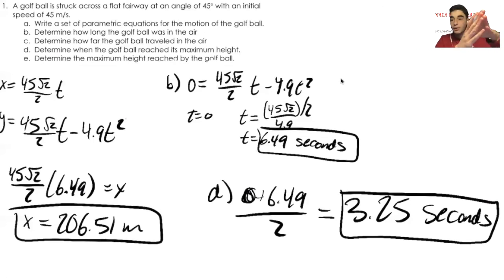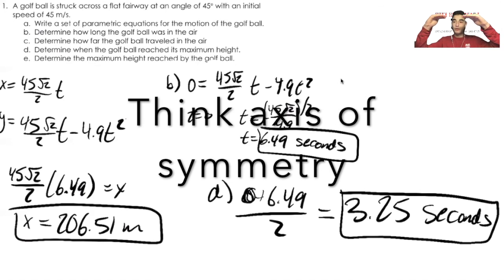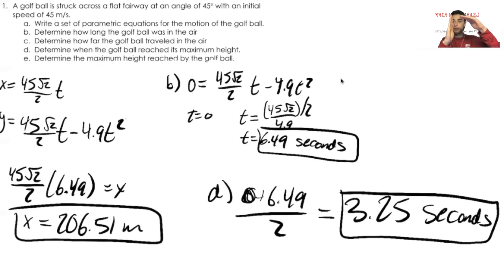If you have 0 and 6.49, we know those are both at the same height, so they're both on the same part of the parabola. If the parabola is like this, they're both at one point, just one's on this side, one's on this side. You find those by finding the midpoint, which is here. This is where the vertex is, 3.25 seconds. Okay.